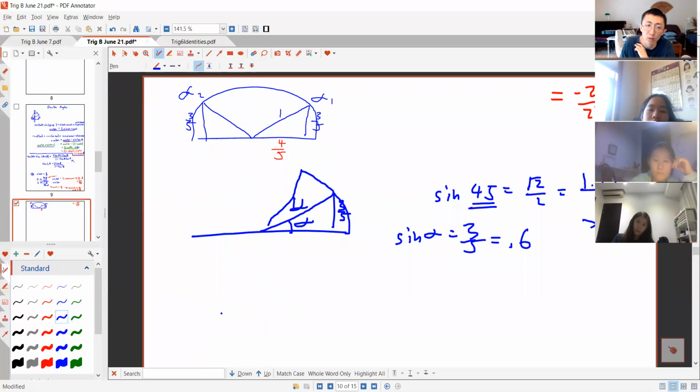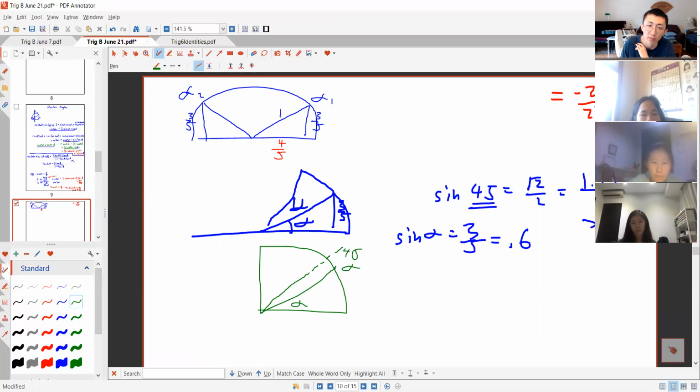So that means 45 is bigger than alpha. If I draw in this line, the 45-degree mark is right there, and here's alpha. So if I double alpha, it'll be less than 90 degrees, because sine is an increasing function from 0 to 90 degrees.